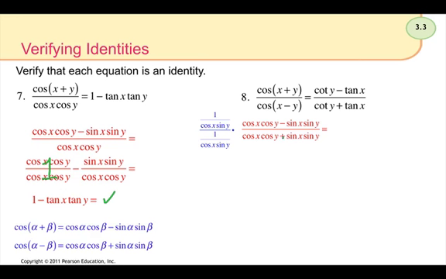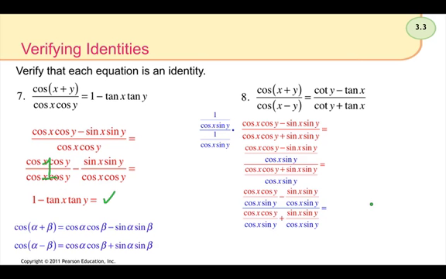So let's continue. Once I multiply 1 over cosine of x sine of y times this expression in the numerator, and the same thing, this times this expression in the denominator, this is what I get. From here, I am going to apply the same idea that I used on number 7. I'm going to give each of these terms in the numerator its own denominator.